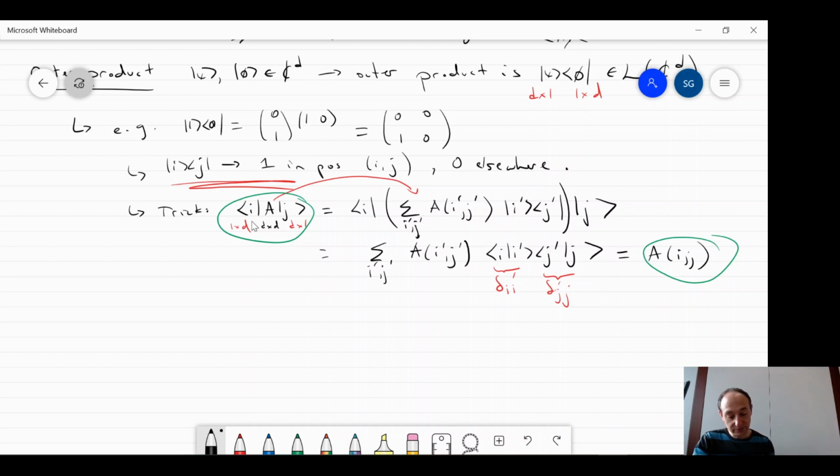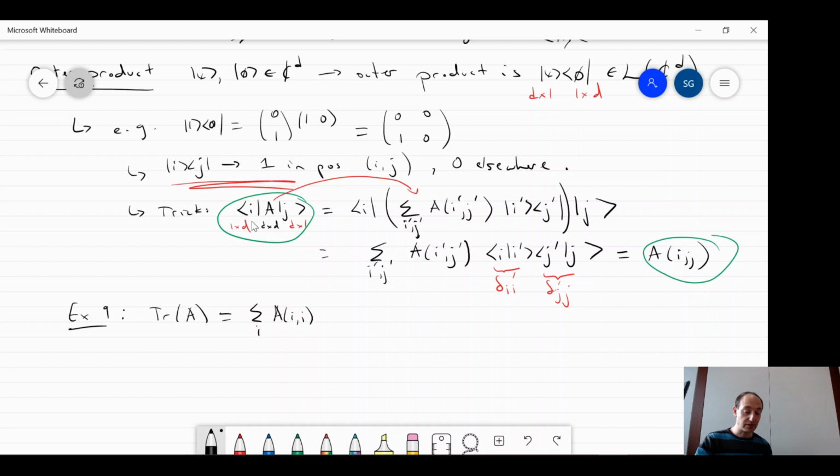And so now I just want to do a little bit of exercise 9. Just to rewrite, if I have the trace of a matrix A, remember, what was that? It's the sum of A_ii. And now I could rewrite this using the outer product notation.